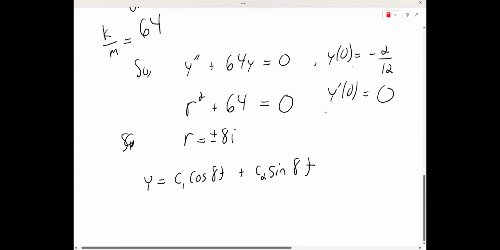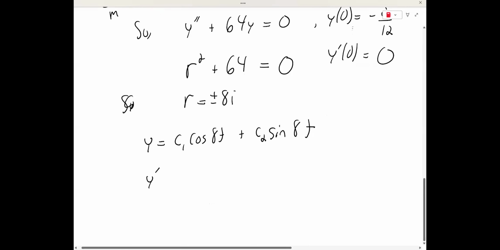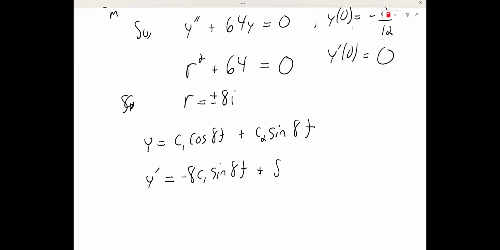So to apply the initial conditions, I'll take a derivative of this. y prime would be negative 8c1 sine 8t plus 8c2 cosine 8t.